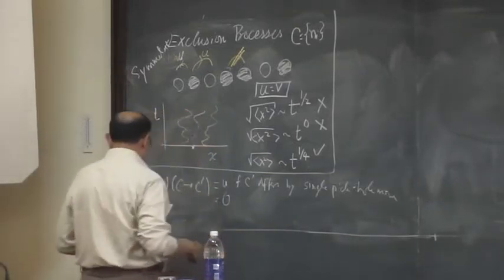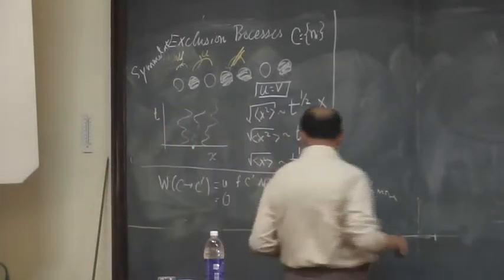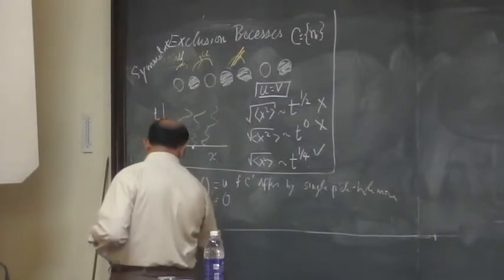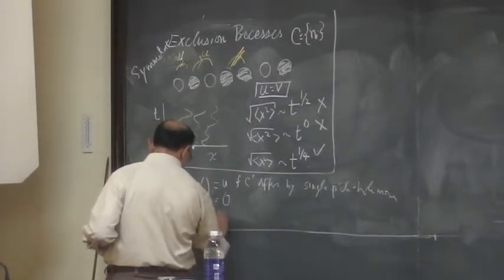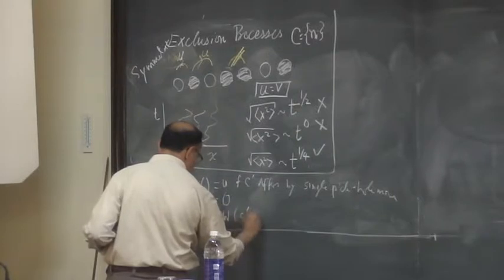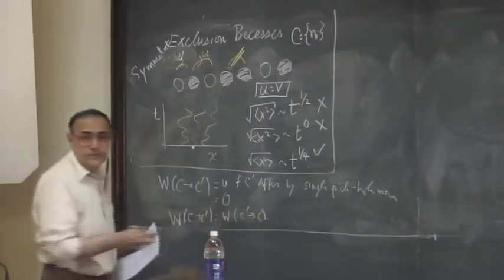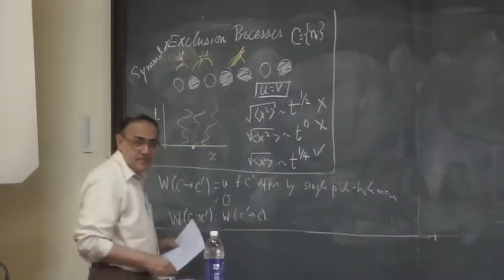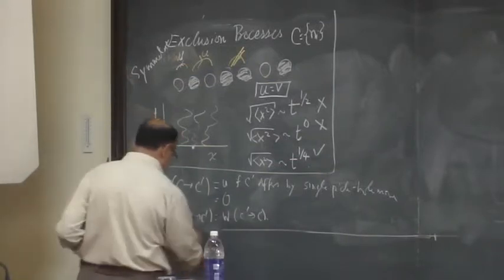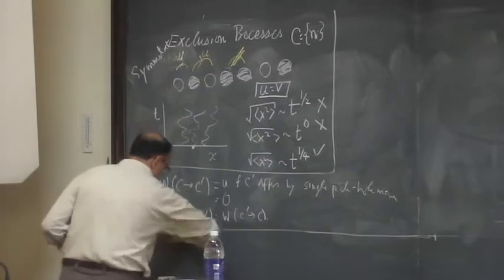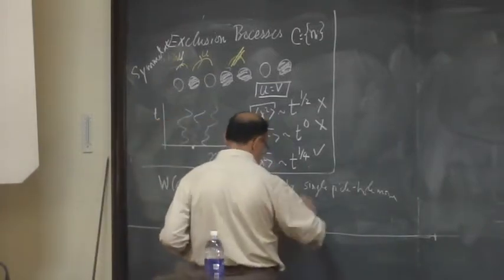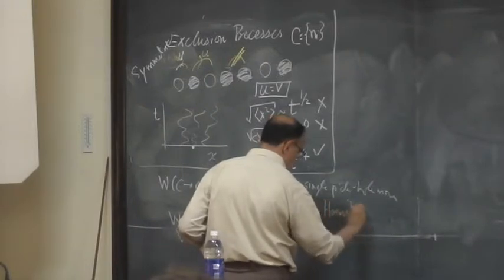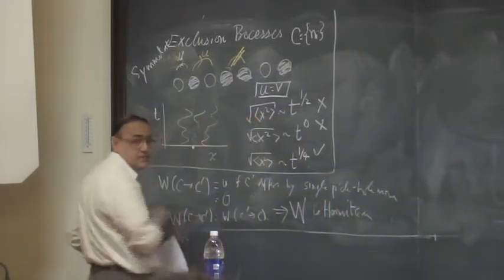Now, in this symmetric case, it's clear that W(C to C') is equal to W(C' to C). Both are U. Therefore, for this special case, the W matrix is Hermitian. As we said, in general it's not, but here it is, because these elements are equal.